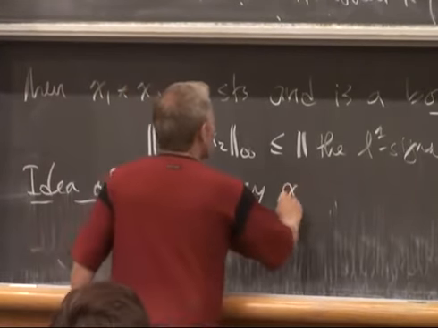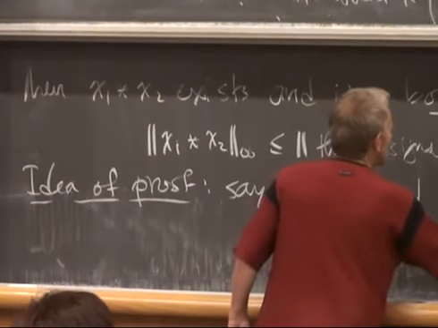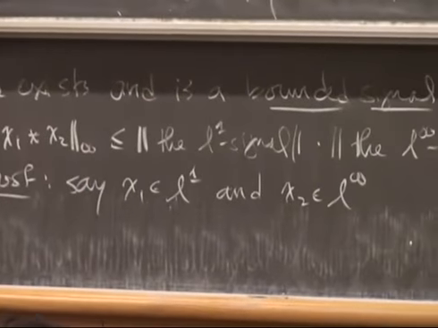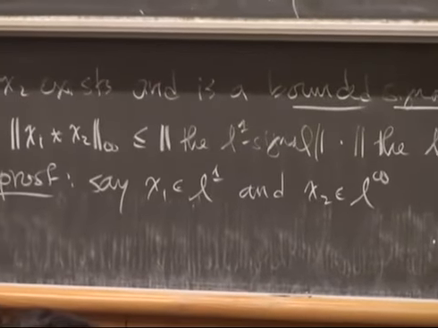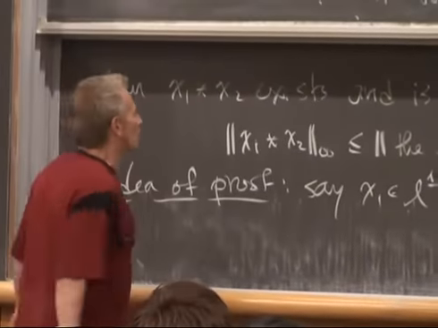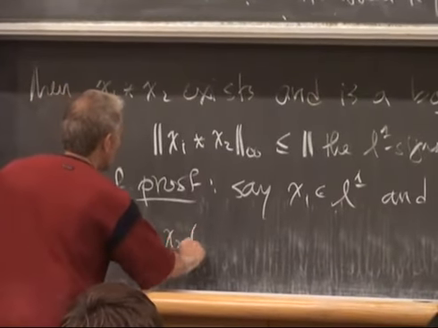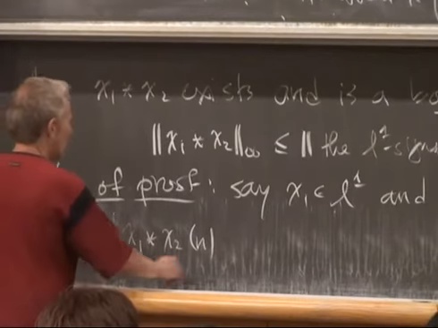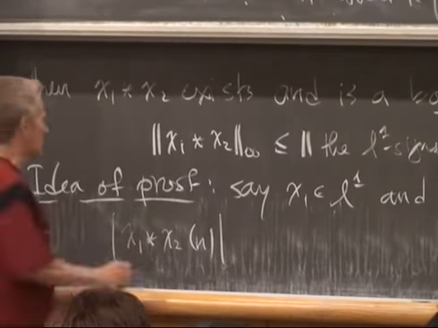So say x1 is in L1 and x2 is in L infinity. So x1 is absolutely summable, x2 is bounded. Let's try to compute x1 convolved with x2 of n, and let me put absolute value signs around that, just for the heck of it.